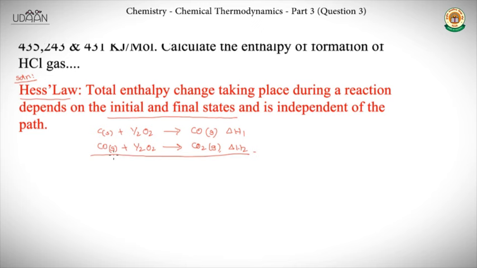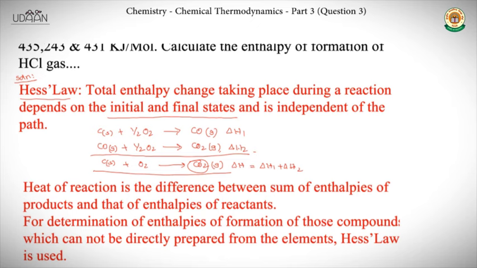Combining these two reactions, we get carbon solid plus oxygen gives us CO2 gas. Since Hess's law states the final product is independent of the path reached, the enthalpy of this reaction will be equal to delta H1 plus delta H2.